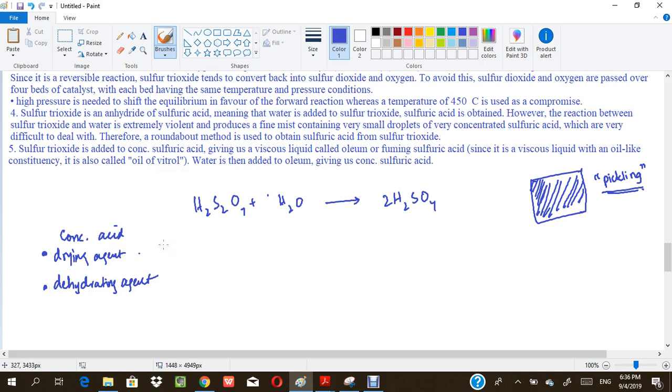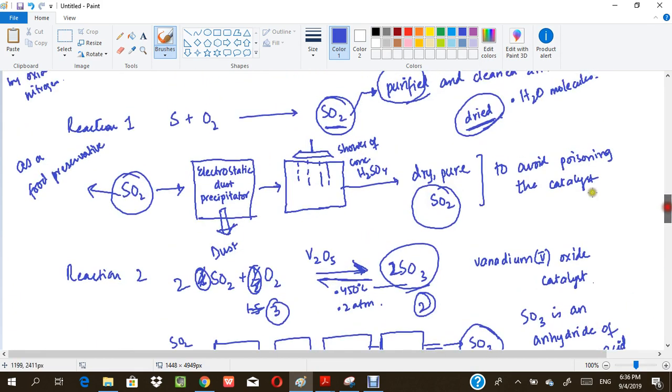A drying agent is something which is gonna strip something of its water clearly. For example, when we studied it here, we had water, we had sulfur dioxide, and we had water molecules with it. This shower of concentrated sulfuric acid dried that water.